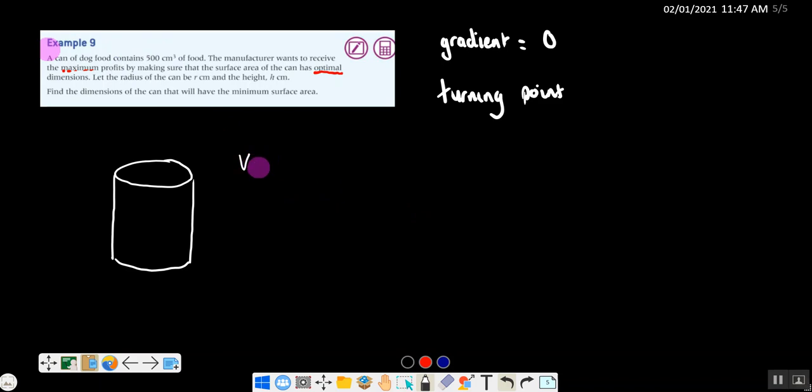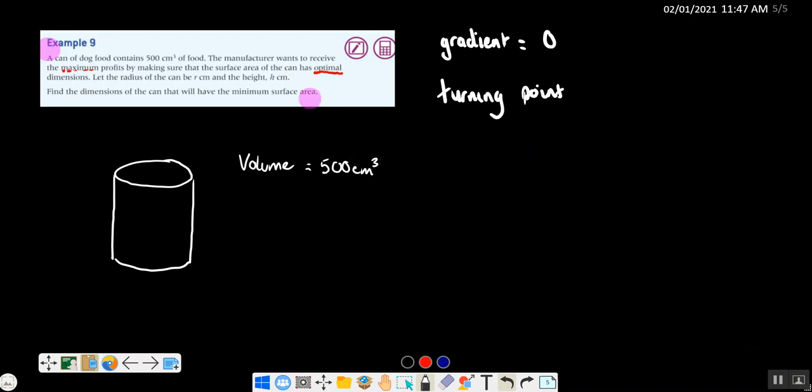That means the volume of this cylinder is 500 cubic centimetres. I'm taking all this information out because quite often there's marks for identifying that the volume is.